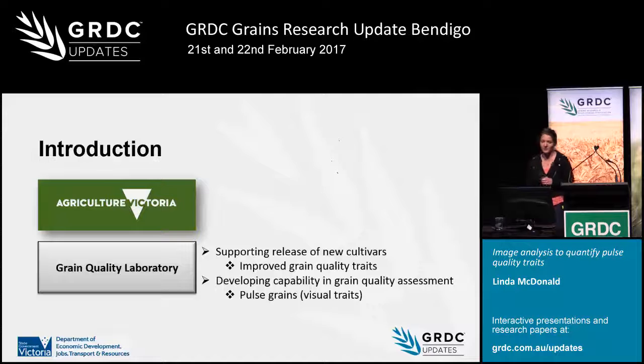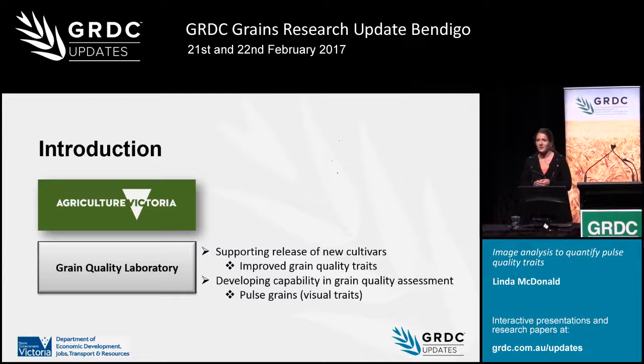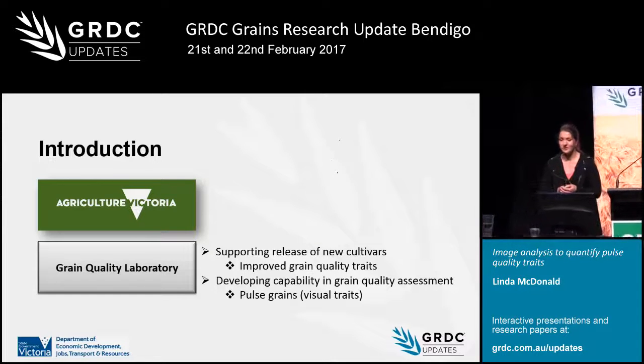Much of what we do is in supporting the release of new grain cultivars by assessing quality traits of grains and then providing that information to breeders so that they can make selections based on improved quality traits. We also develop capability in grain quality assessment methods, and my role specifically is in developing new technology for assessing quality traits of pulse grains.